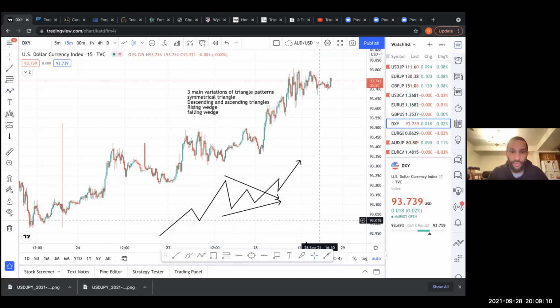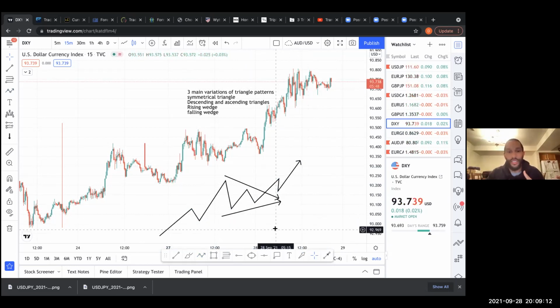They're both symmetrical, but you want to check which way the trend is going before you even see the pattern. If it's in an uptrend, then I'm looking for it to break this triangle pattern and continue up in the uptrend. So I know right off the top that it's going to be a bullish pattern just because of the trend.